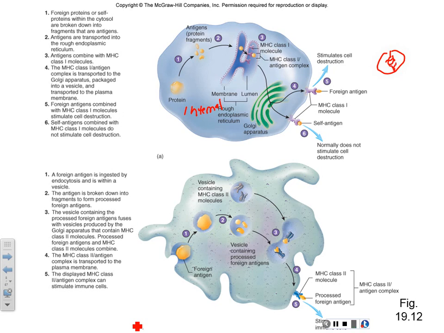So when exocytosis occurs, this becomes part of the membrane of the cell, and then it will expose the antigen on the cell surface attached to MHC1, right? If it's a foreign antigen, then it will stimulate the immune system to kill that cell, right?